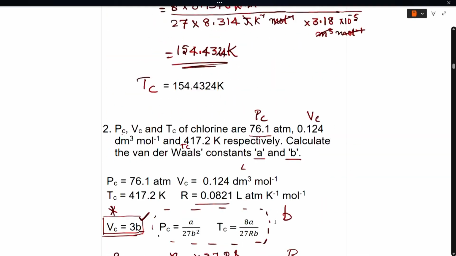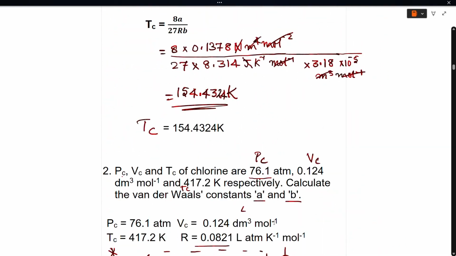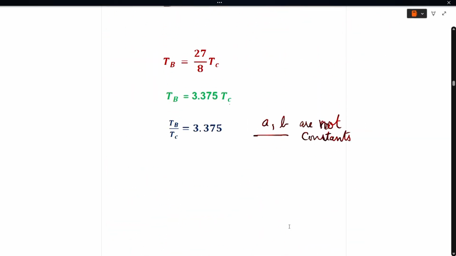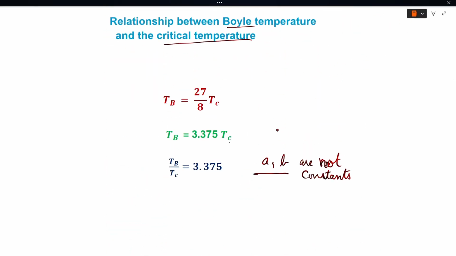And next, what we have seen is that A and B are not constants, and they remain constant only near the critical condition. That is the deviation we find, because this value is experimental.